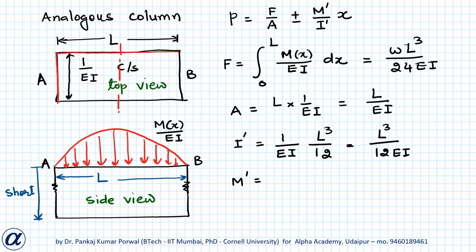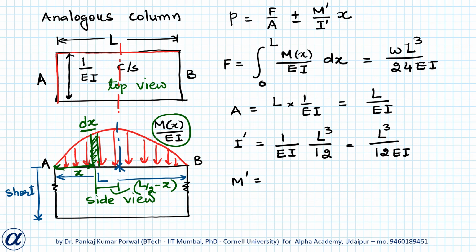M dash will be the moment because of the distributed load about the centroidal axis, and that point will be here, which is the midpoint of the width. To find M dash, I'll take a strip at a distance x from point A with width dx. Force because of this strip will be Mx upon EI into dx, and the lever arm for this will be this distance, which is L by 2 minus x.